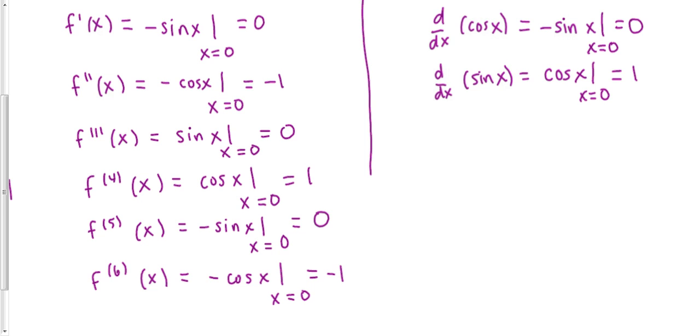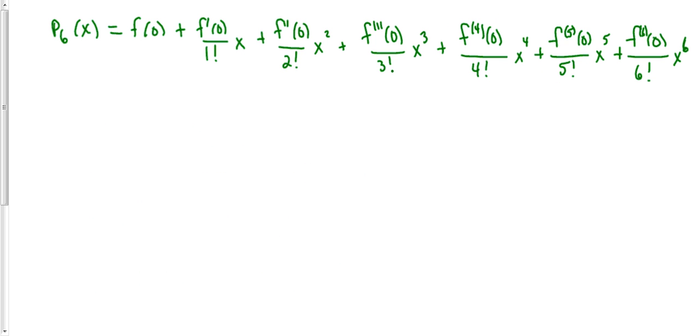So on the next screen, I have written out the sixth order Taylor polynomial, and we can just substitute our values in. So f of 0 was equal to 1. f prime of 0 was 0. f double prime of 0 was negative 1 over 2 factorial times x squared. f triple prime was 0.